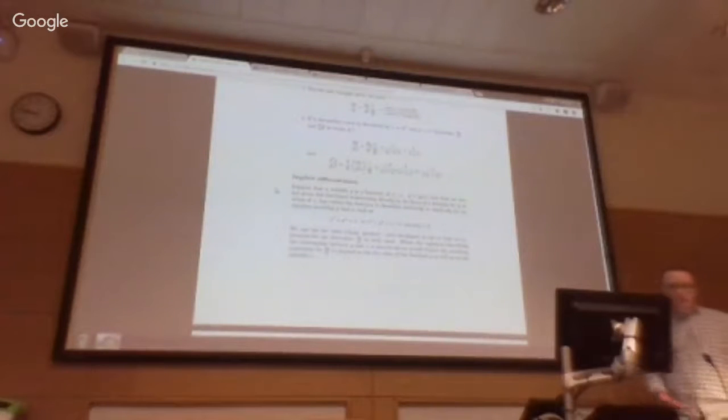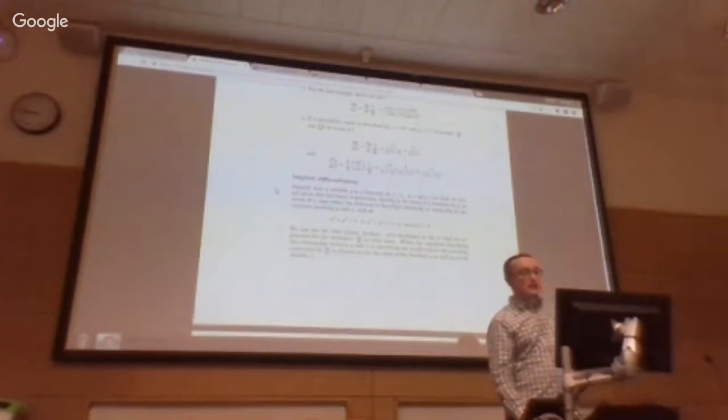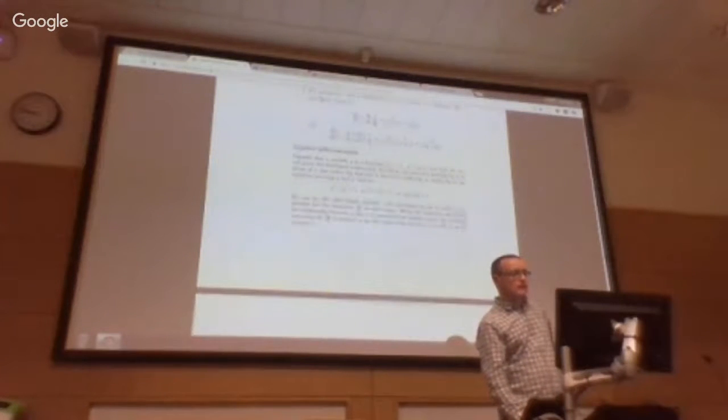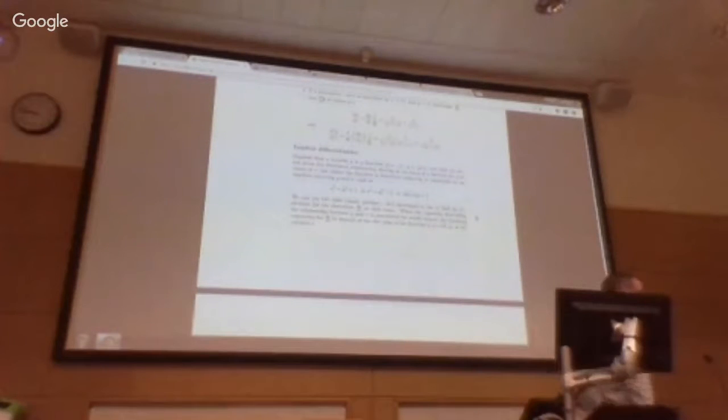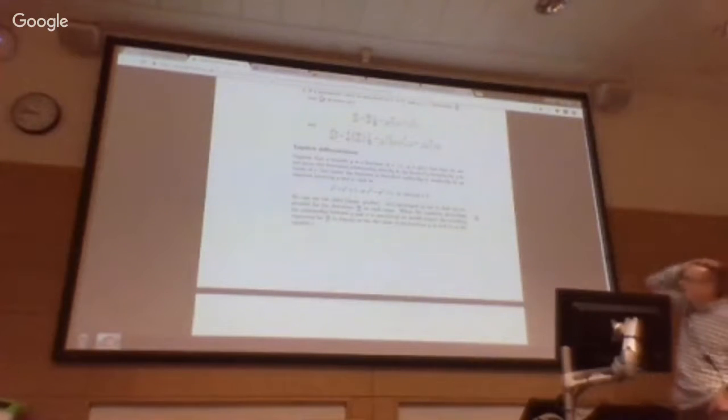Another important technique is implicit differentiation. Again, this is another application of the chain rule. We may have relationships between x and y that are not necessarily specified from the get-go as a function, y equals f of x or y equals y of x.